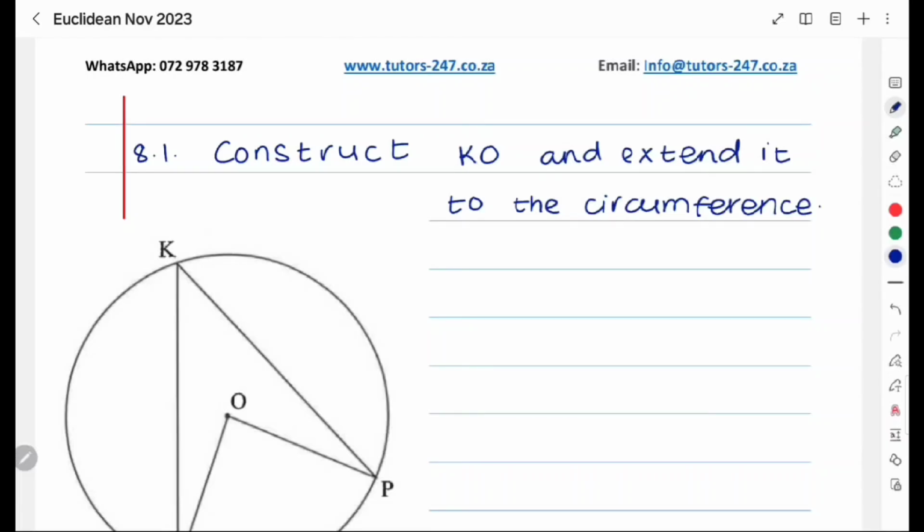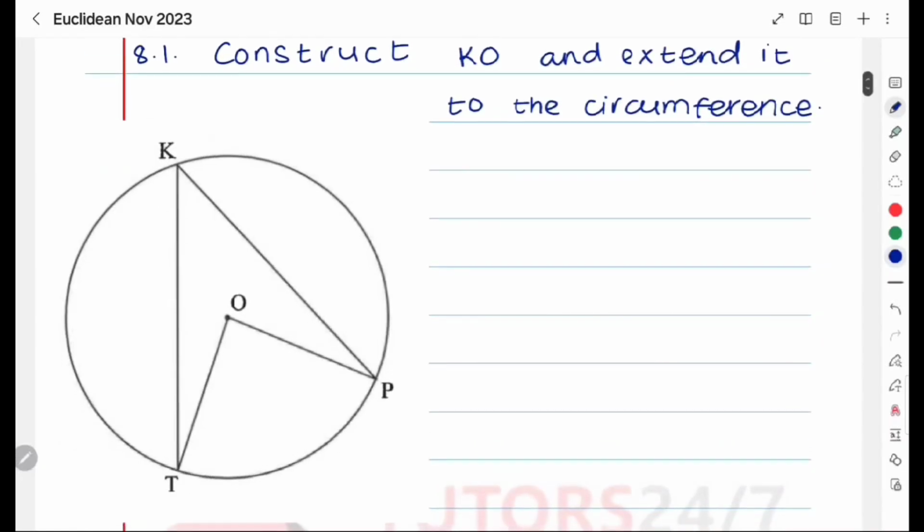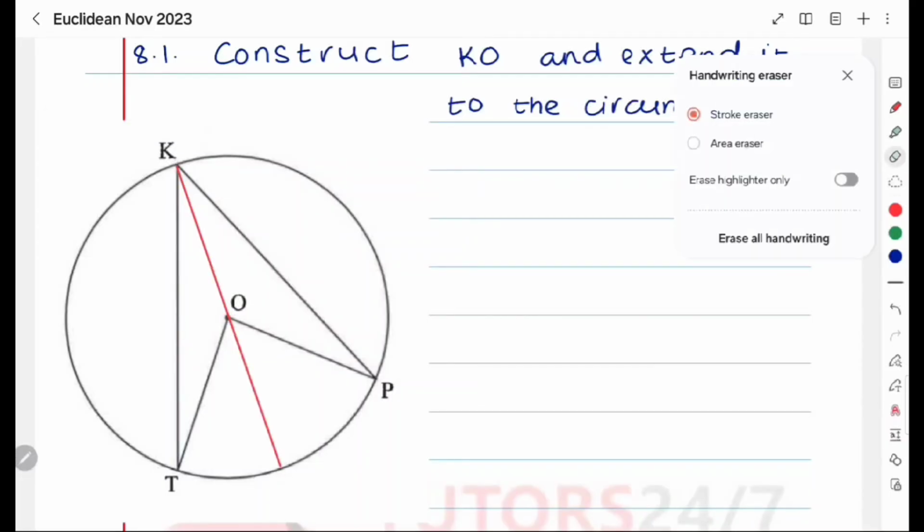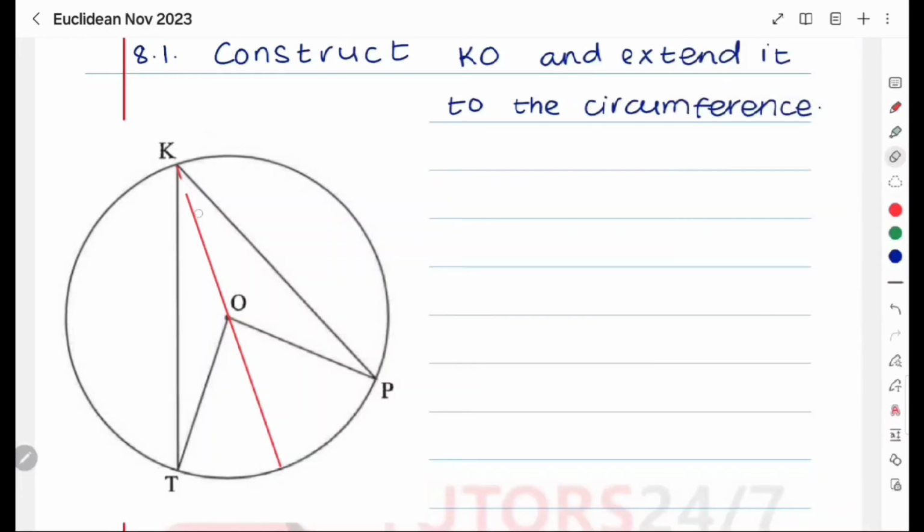Now, please take note that when constructing a line, you are going to use a dotted line. So we are going to construct the line KO, and then we are going to extend this line to the other side, or you could say to the circumference. Now, let us break this line up so that it is a dotted line.